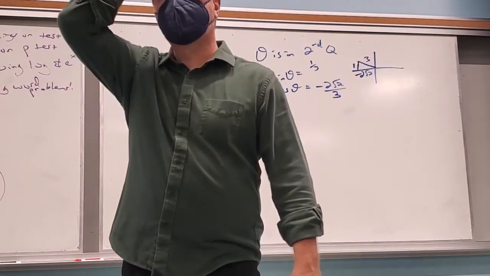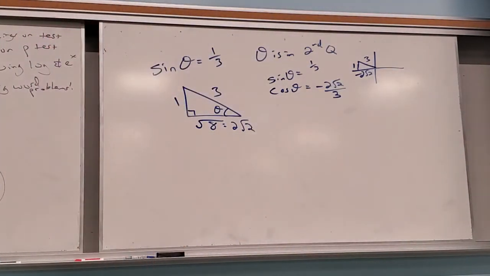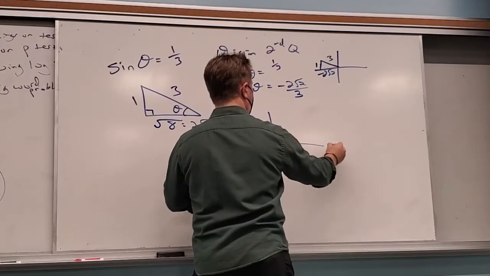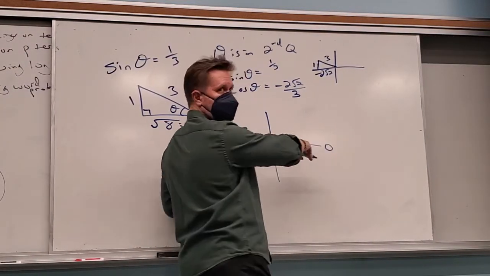Number 4, practice this. Number 4. Oh, that's just like this one we were talking about, right? You see like 3 pi over 2. Help me out. This is 0 degrees, right? 0 radians. What's this?